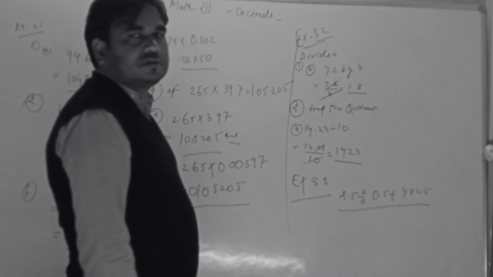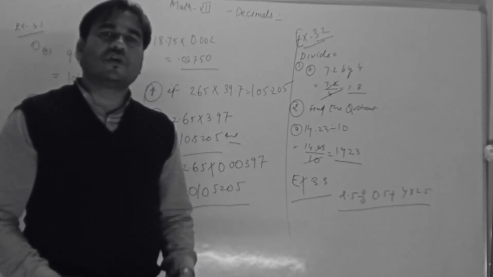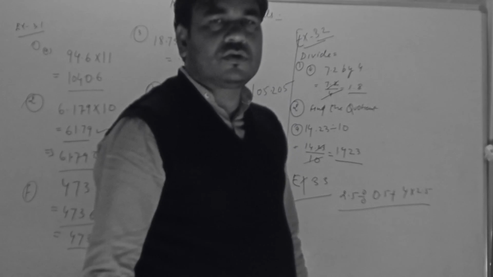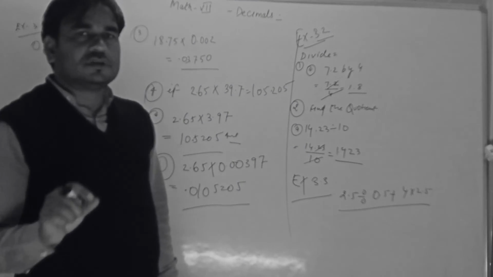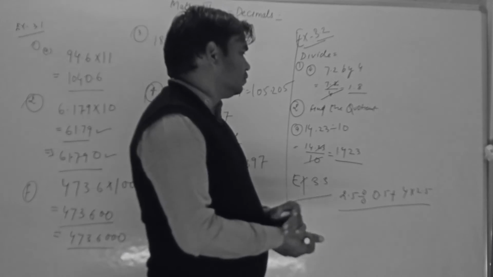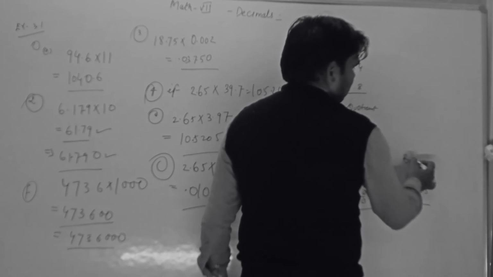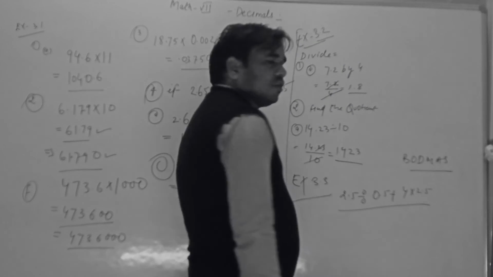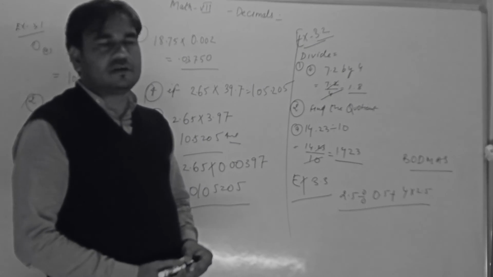So students, you want to solve this type of sum. So first you have to do one thing. You know about the BODMAS formula. So this is the BODMAS formula.